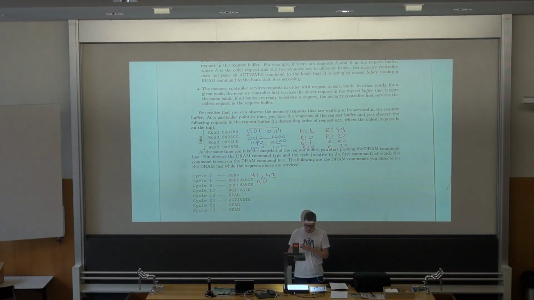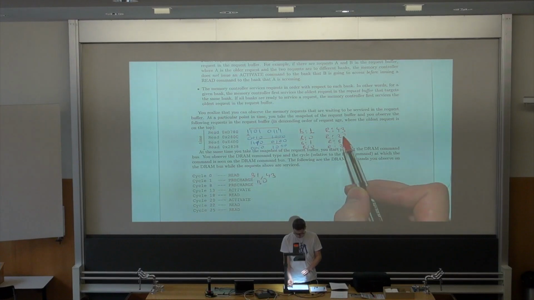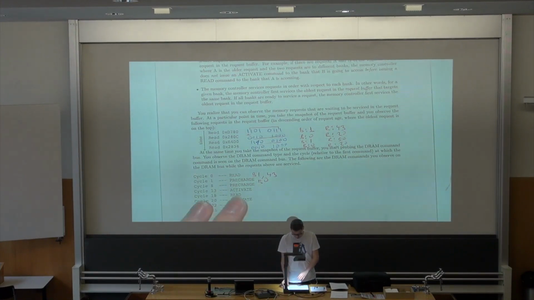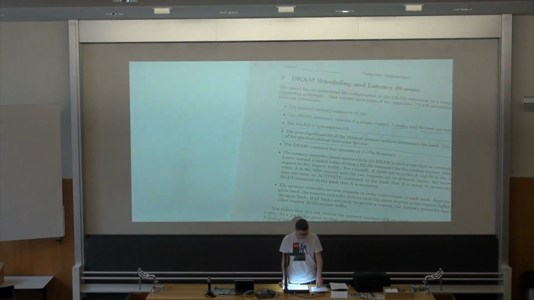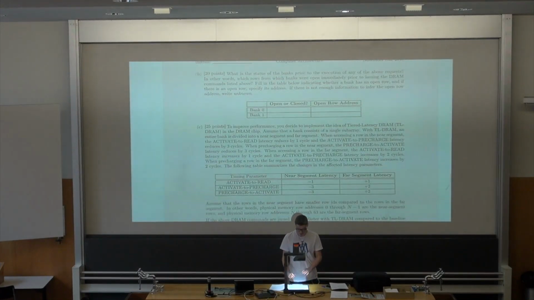Since we are precharging bank 0 here, we know that bank 0 had a row open, right? But we don't know exactly which row was open. We know that it was not 20 at least, but we don't have any other information. This is relevant to part B, but based on this information that we figured out, we can just fill this part, right?